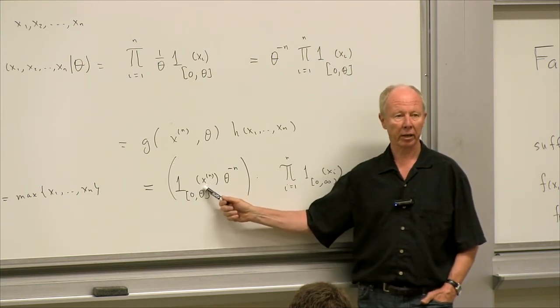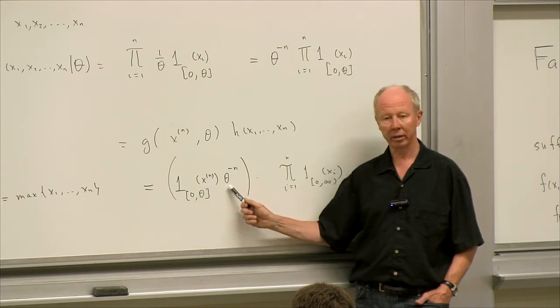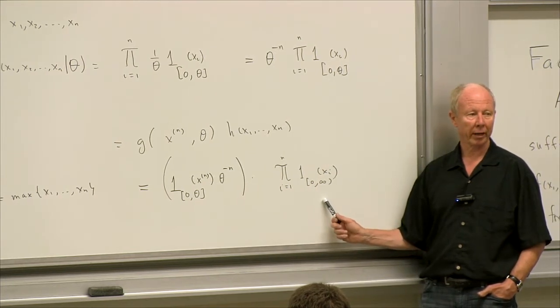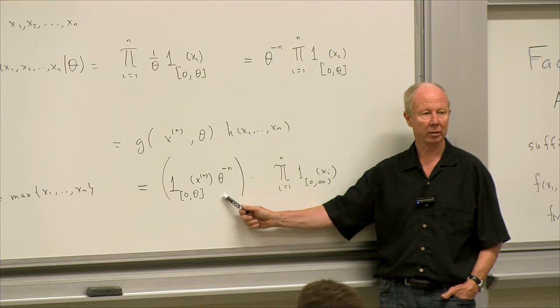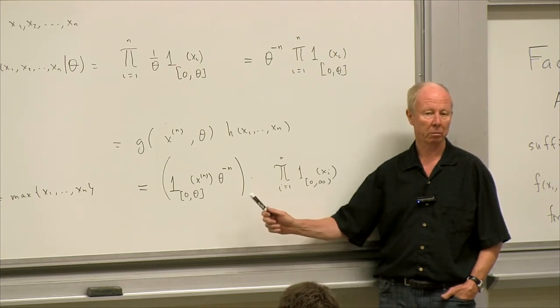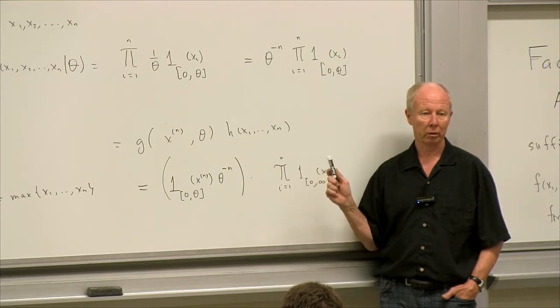This is a function of the xi's. It's the maximum of them. This is the t. And it has the theta in there. Does this have any theta? No. So this is the h, and this is the g of x and theta. Okay. So that says that the maximum is a sufficient statistic for the parameter theta.